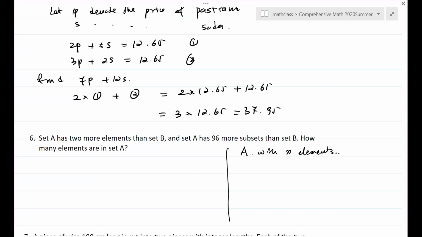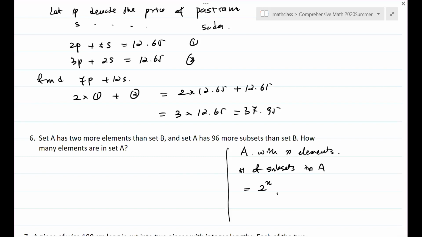Subset means just subset, right? The number of subsets in A is going to be 2 to the x. Now, this is not easy to prove. If I have time, I'm going to discuss this at the end. The number of subsets is 2 to the x.